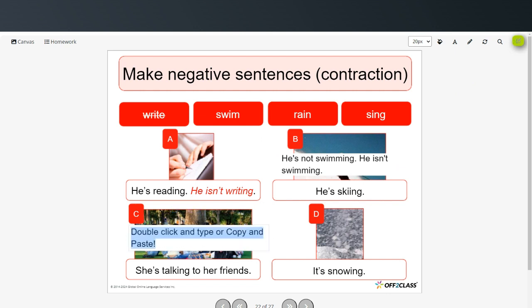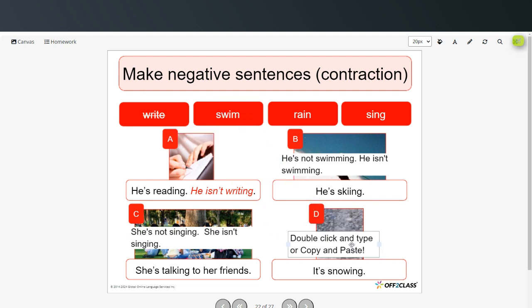She's talking to her friends. She's not singing, or she isn't singing. And it's snowing. It's not raining, or it isn't raining.